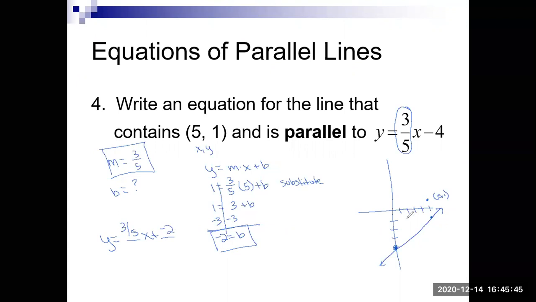And if I were to continue graphing it and plot my y-intercept and count my slope of 3/5, up 3, right 5, I now have a parallel line to the first one, but it goes through that particular point.